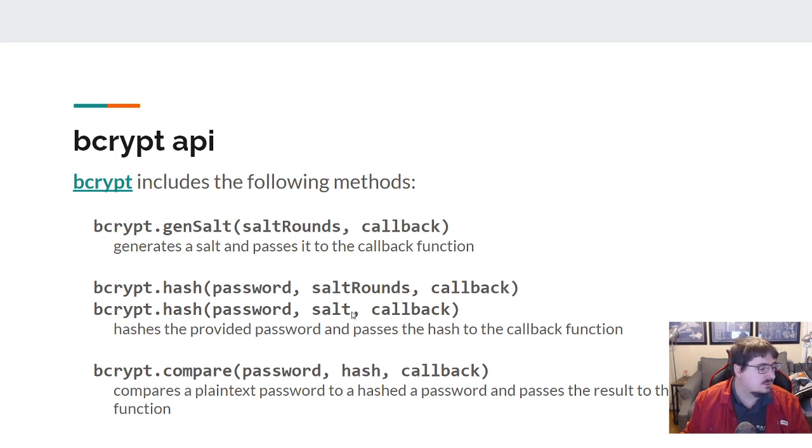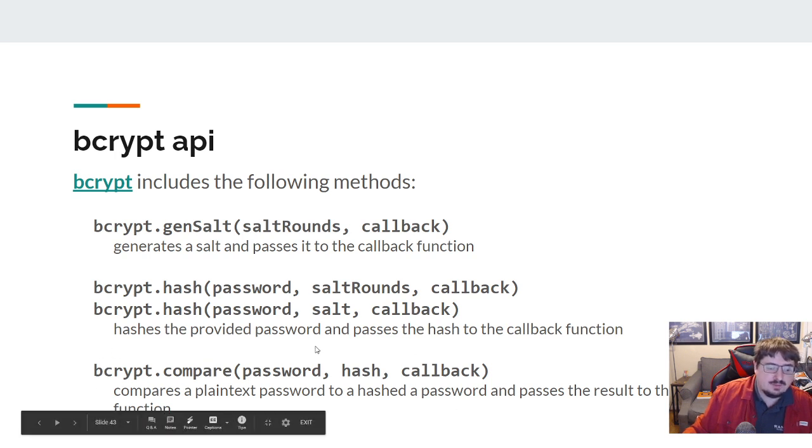So you can call it with a salt or with a number of rounds. If you use gen_salt, you're going to do the second version. If you skip gen_salt, you can go directly to the first version where you pass in the number of rounds and skip it entirely. That's the easier route, and I'd say that's the more secure route anyway.